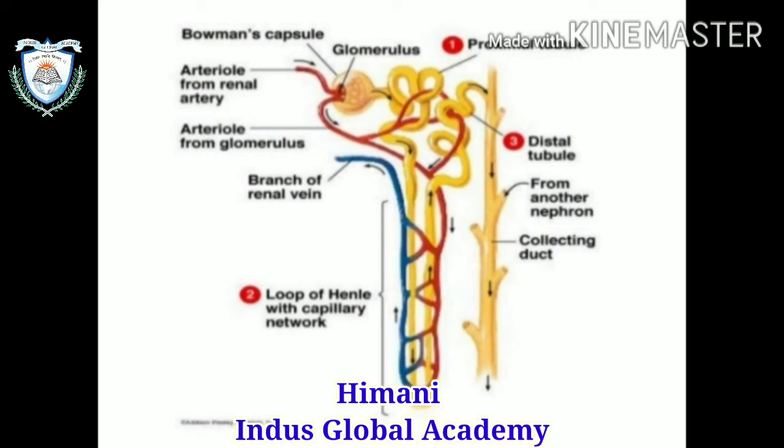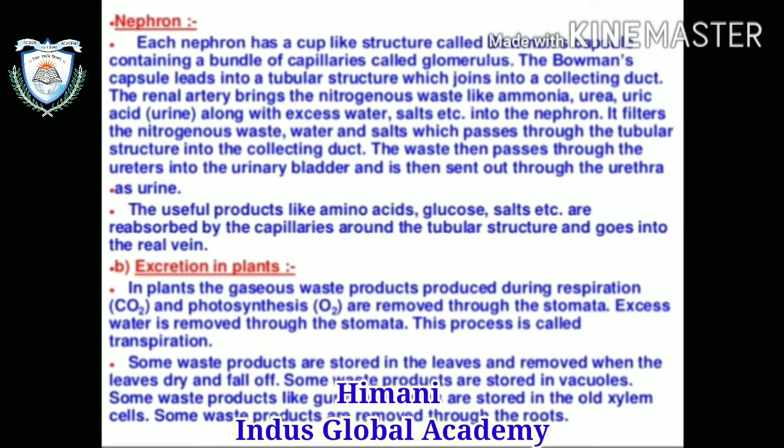Each nephron has a cup-like structure called Bowman capsule, which contains a bundle of capillaries called glomerulus. That Bowman capsule leads into a tubular structure which joins into the collecting duct.